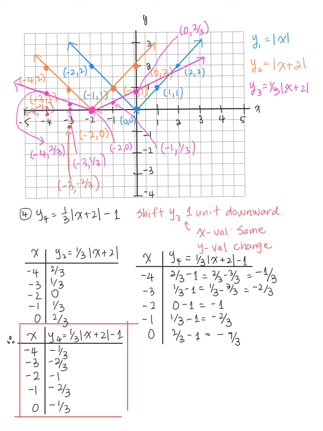And then the next one is negative 2 comma negative 1. All right, and the next one is negative 1 comma negative 2/3. And the next one is 0 comma negative 1/3.